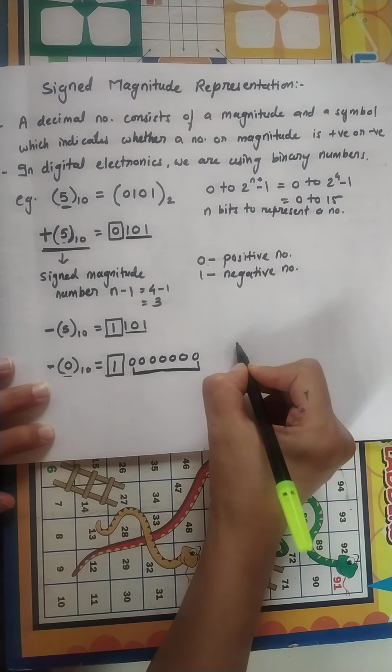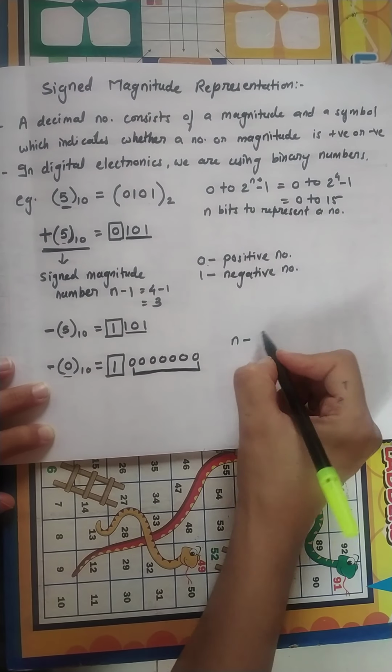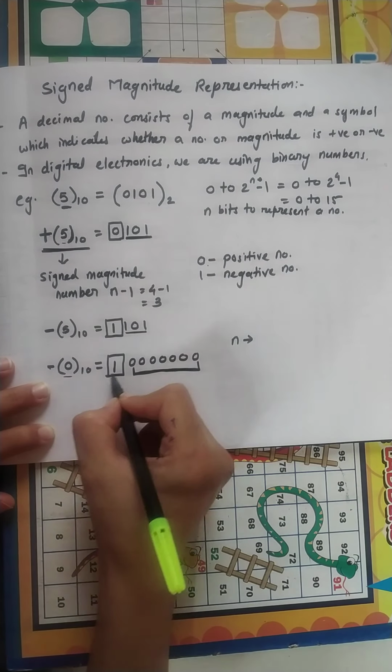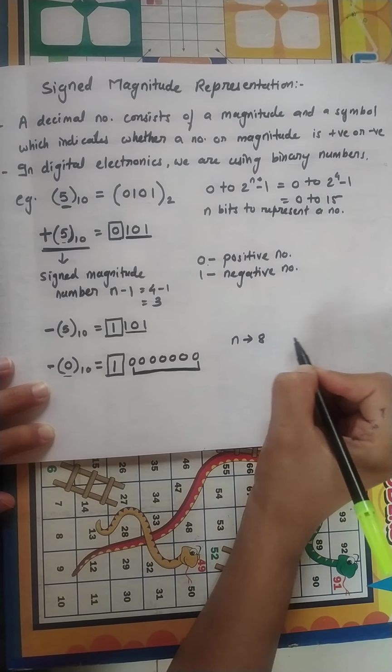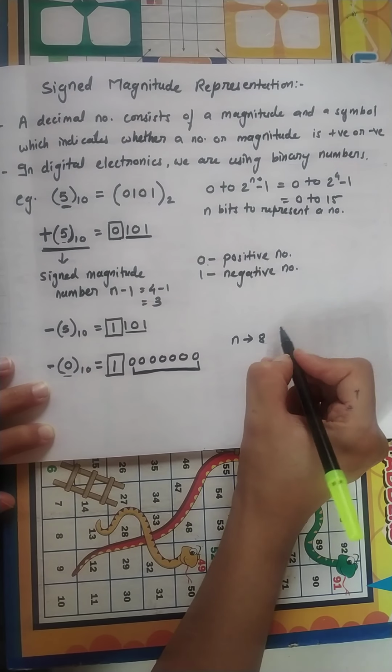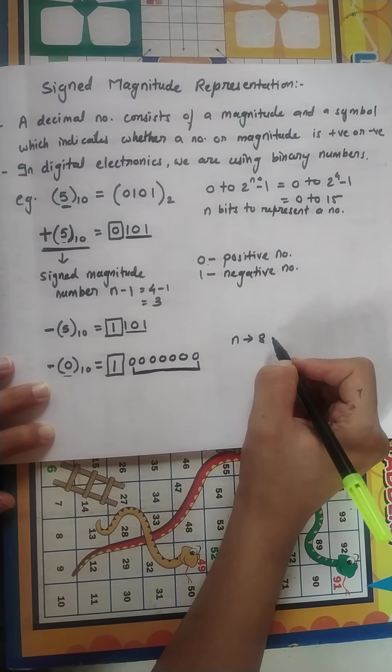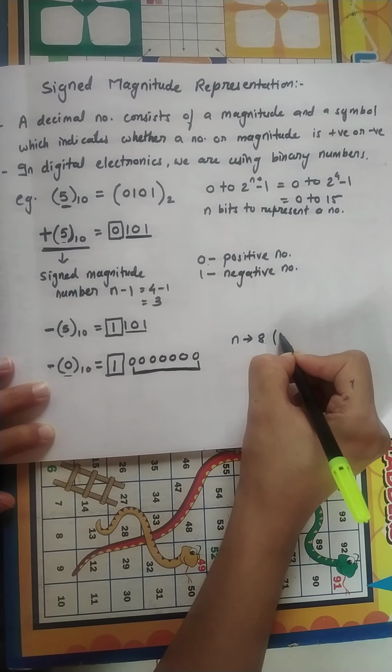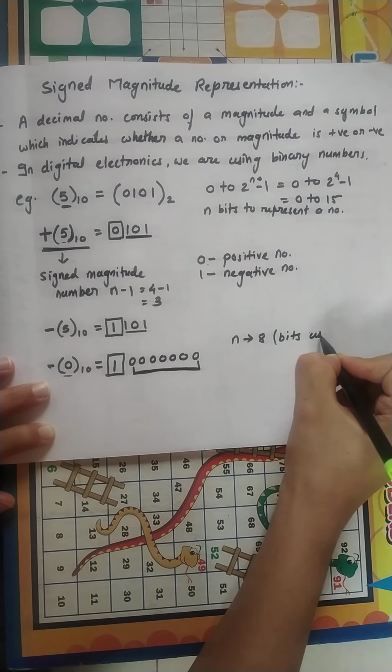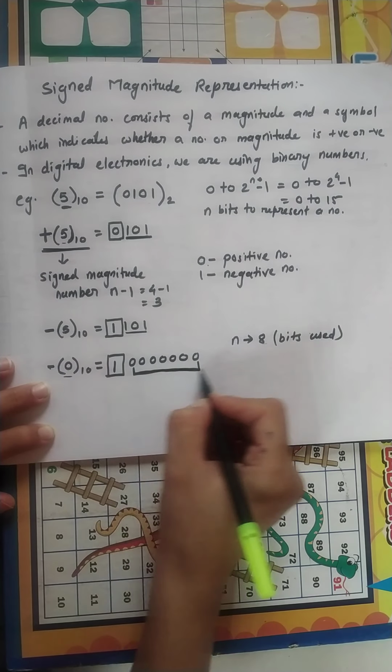7 bits. That means, for example, if I'm having n number of bits to represent a number, here I had used 8 bits to represent a number, right? So the total bits are 8. Total 8 bits are used for representing this number.